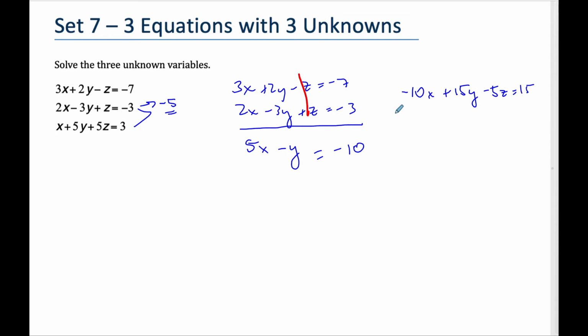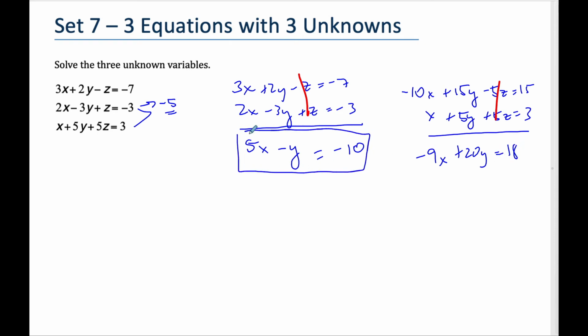And if I just write the third equation, it's x plus 5y plus 5z equals 3. And if I add these, I get -9x plus 20y. They cancel. That was the whole point. I cancel out the z's, and I get 18. And so now I have two equations with two unknowns, x and y, and they're the same unknowns. That's the key. You take three equations, breaking it down to two.